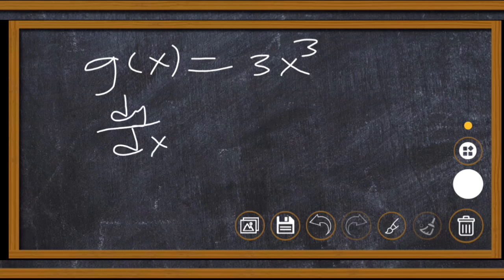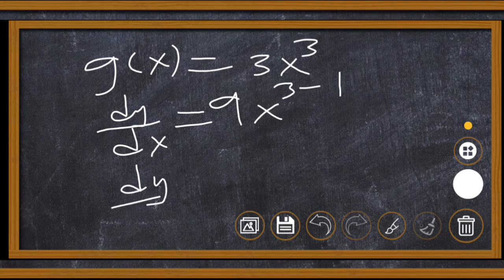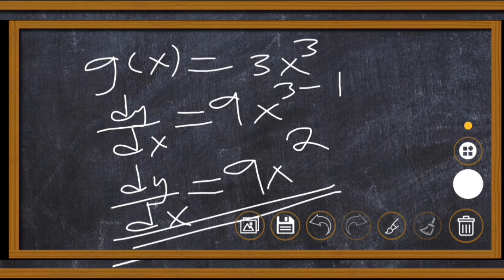Of course, this is going to be multiplication of the power, that is 3 multiplied by this 3 here. We're going to have 9x. And then we subtract 1 from the power, that is 3 minus 1. So in this case, the dy over dx of this function is going to be 9x, and then 3 minus 1, it's 2. So this is the differentiated type of expression.